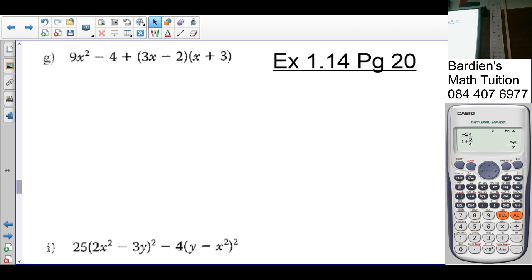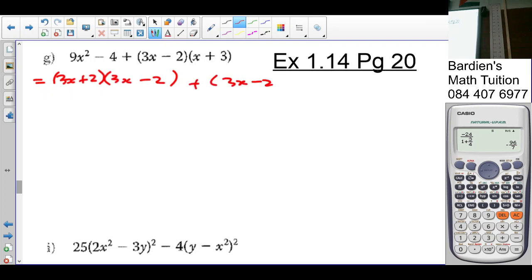G. What can be done in G? Difference of two squares in the first two terms. 3x plus 2, 3x minus 2, plus 3x minus 2, x plus 3. Now what? Common brackets. Got the common bracket of 3x minus 2.